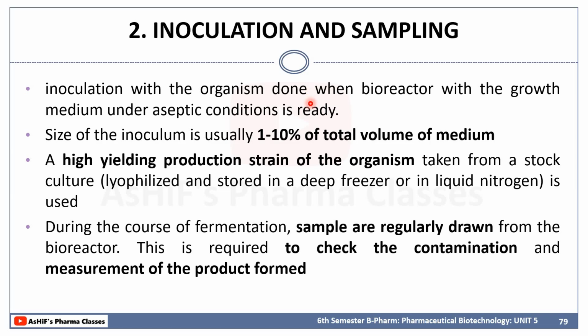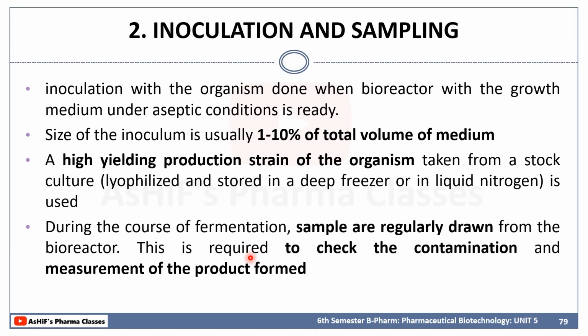Okay, then after inoculating, we will give the sufficient environment for the growth of the microorganism, and during this period at regular intervals we will draw some samples in order to check for contamination and also to measure the product formed. Suppose we have to carry out fermentation for 10 days.